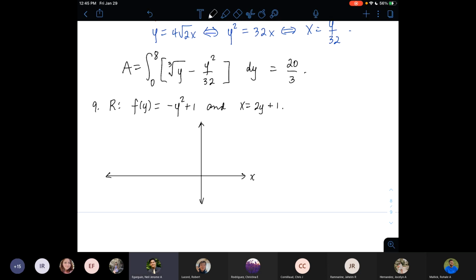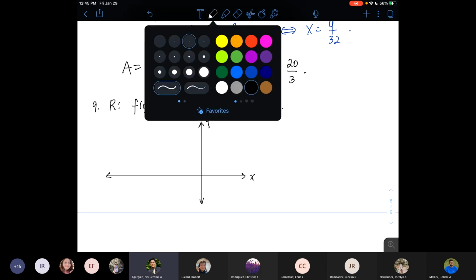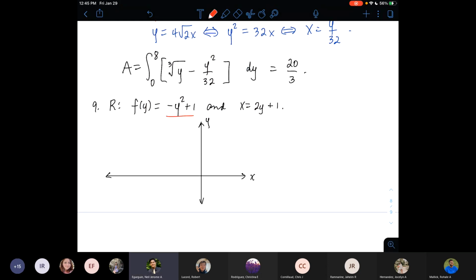So basically here, x-axis, y-axis. The first function has a quadratic term in y. That means it's a parabola opening either to the right or to the left. And since y squared has a negative coefficient, this is a parabola that opens to the left. The vertex occurs when y is equal to 0.